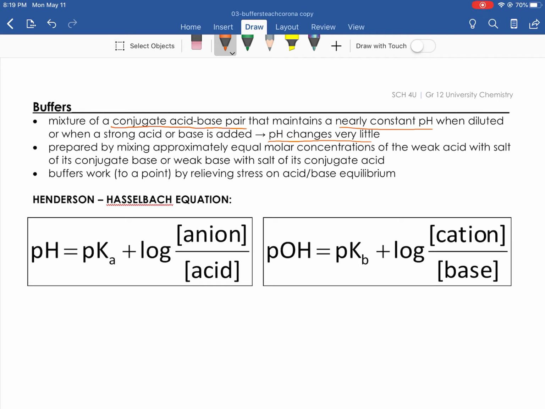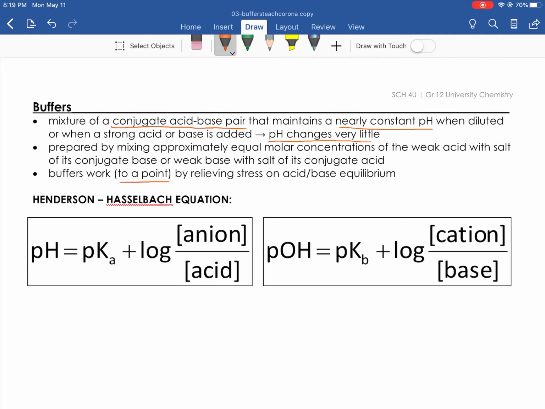So it maintains a nearly constant pH, to a point, by relieving the stress on the equilibrium. So again, we're going to look at this as an application of Le Chatelier's principle.